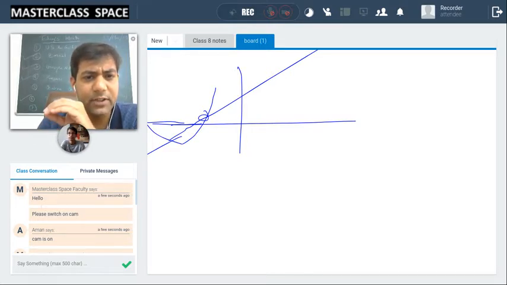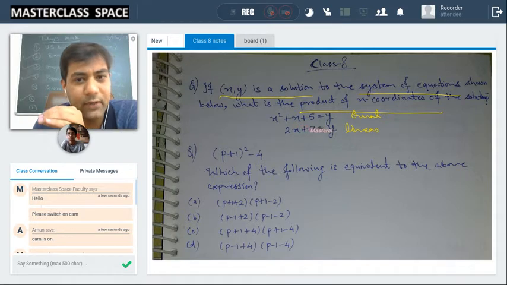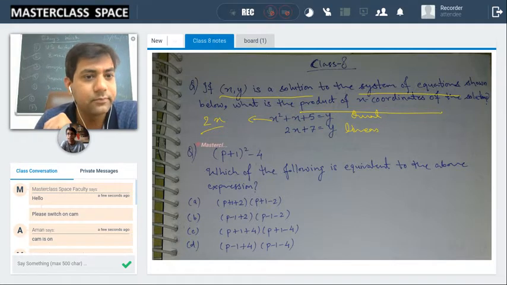I'm just telling you that at these 2 points, both equations are satisfied. You are going to get 2 values of x, and for them 2 values of y. This is a quadratic equation, so obviously you are going to have 2 x values. Quadratic means degree 2.